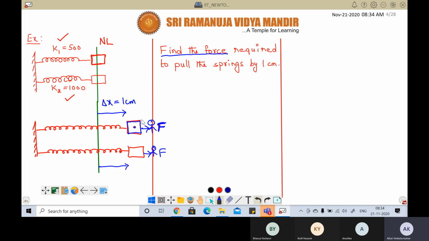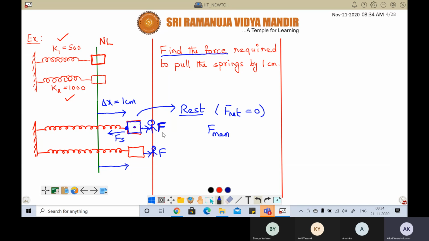Now here, what is the direction of spring force? Left. The block is at rest. Rest means F net is 0. So the right side force must be equal to the left side force.